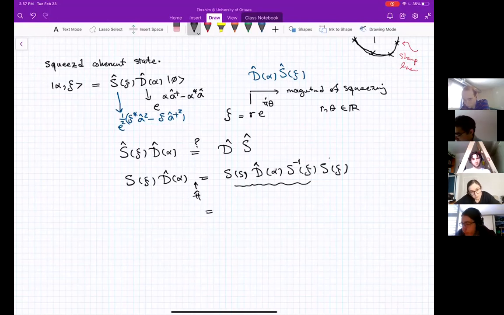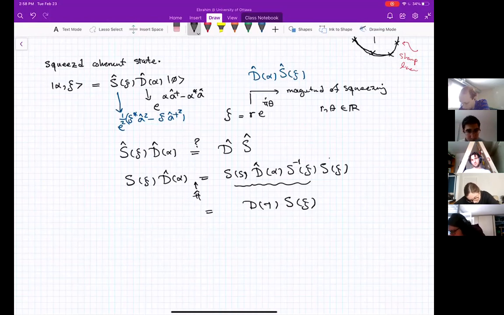What is S acting on D and S minus? Essentially, that is given by D of a certain quantity. I call it gamma, S of zeta.